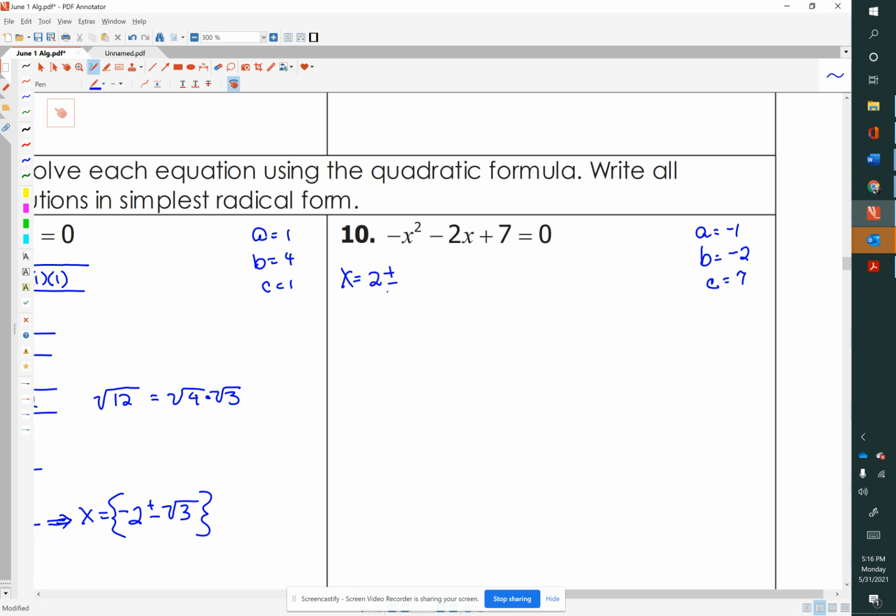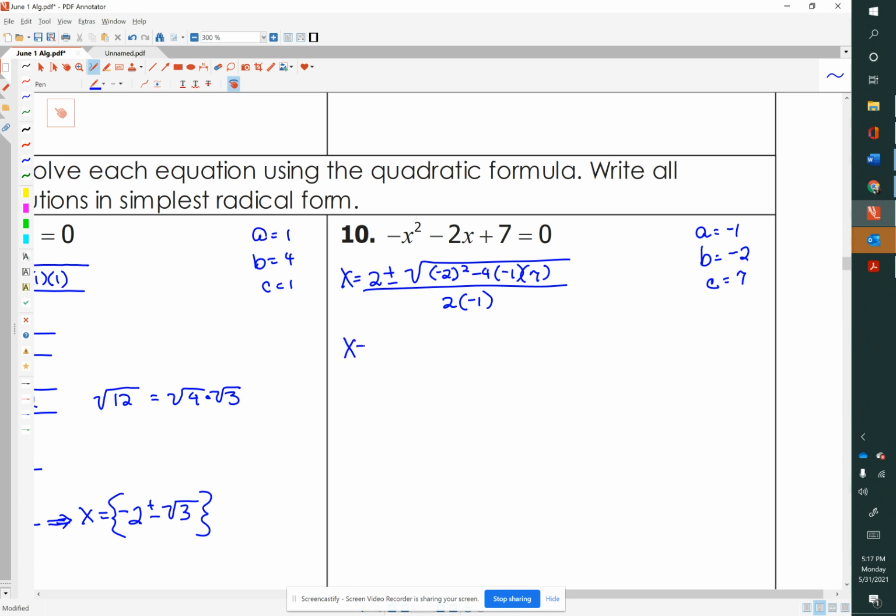Remember, B is negative 2, but the B in the formula is negative, so a negative times a negative is a positive 2. We need a nice long radical here. Our negative 2 will go into parentheses. We'll square it. Minus 4 times negative 1 times 7. All of that divided by 2 times negative 1.